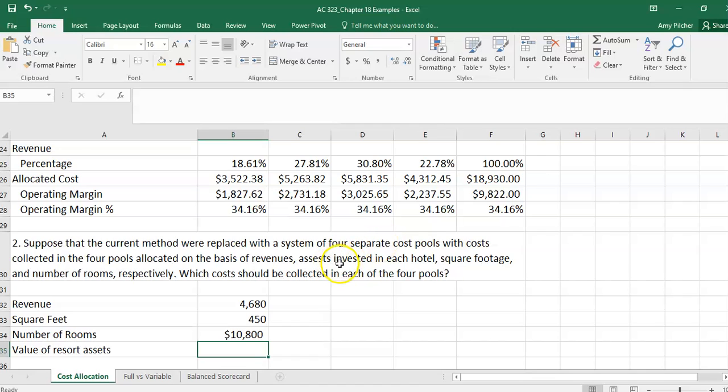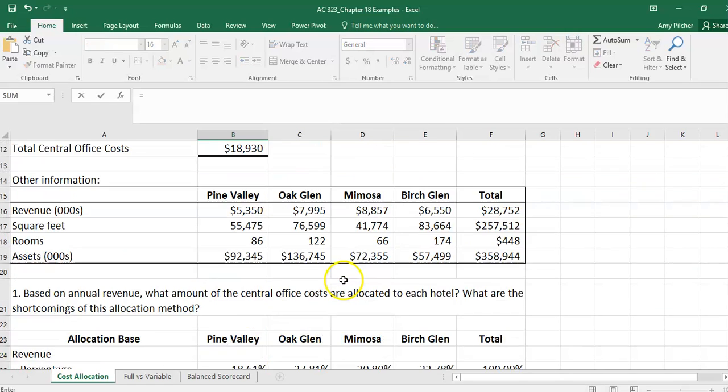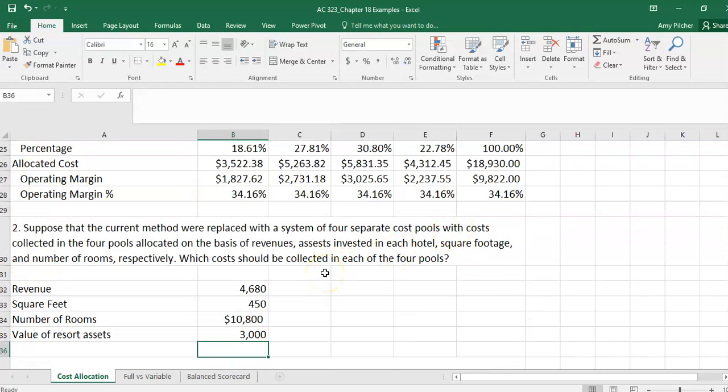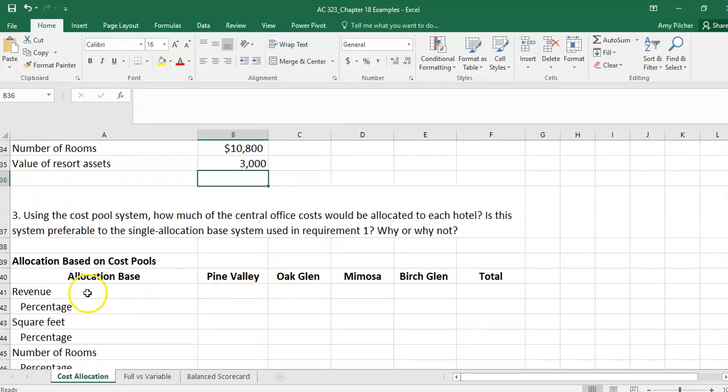The last is the value of resort assets. The only cost that we haven't allocated yet is the interest on the resorts. And this should be allocated based on the value of the assets because that is what is driving the total interest cost.